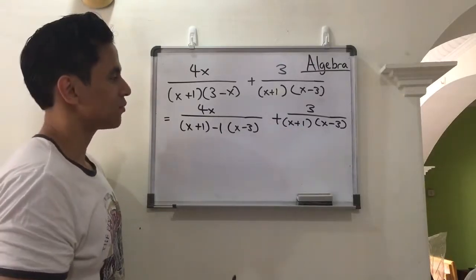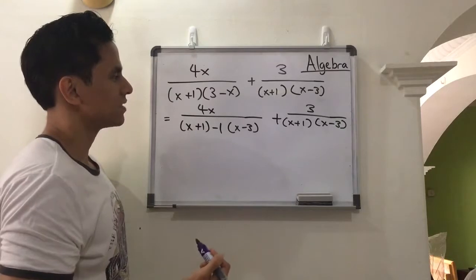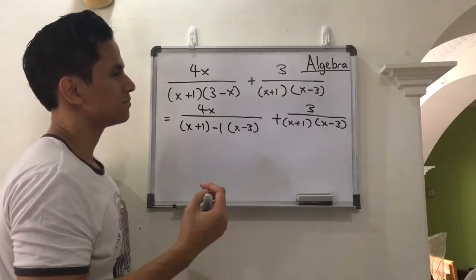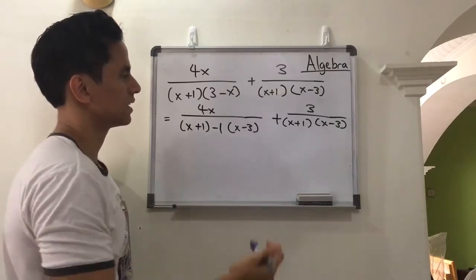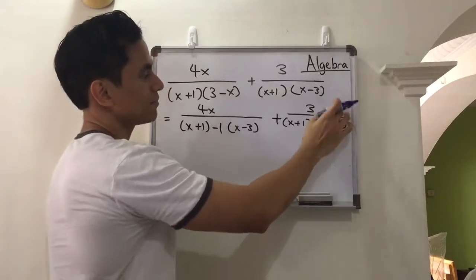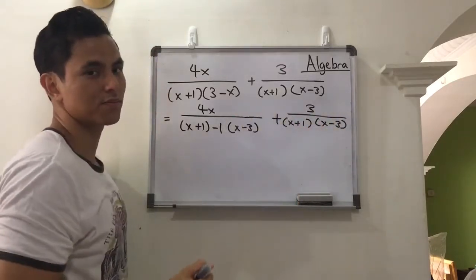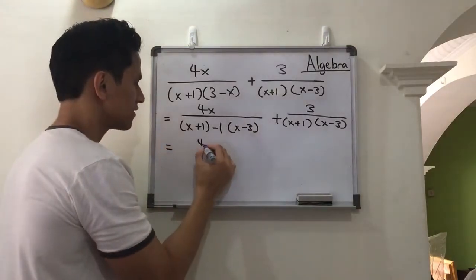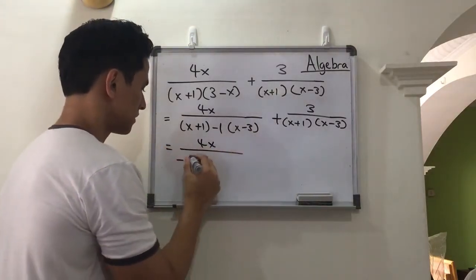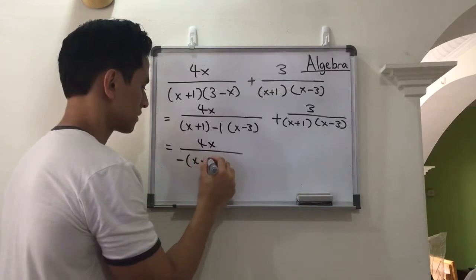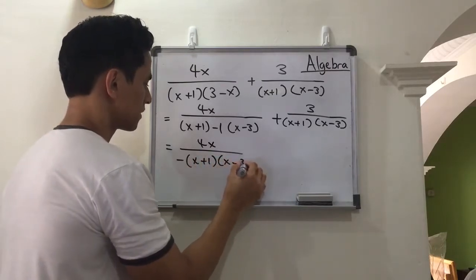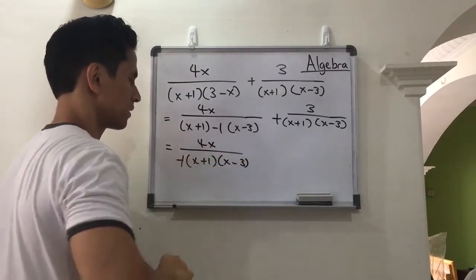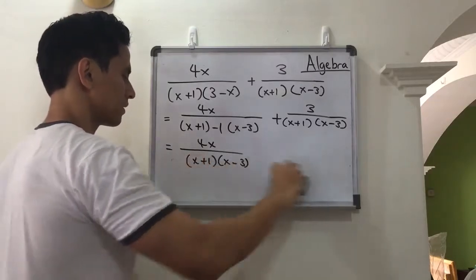So introducing a negative 1, I can say maybe I'm going to multiply the top and the bottom by negative 1, right? So what will this give me? Let me do that now. This just gives me, let me rewrite this.